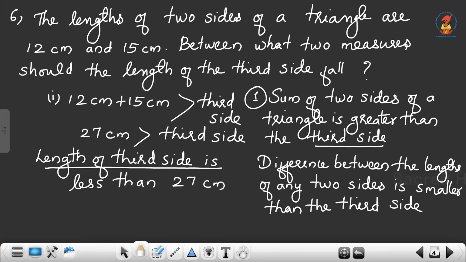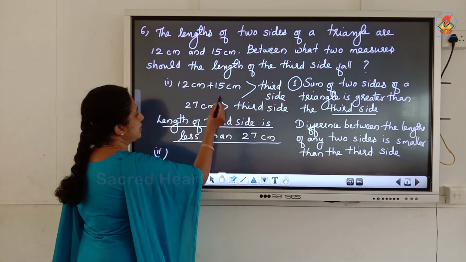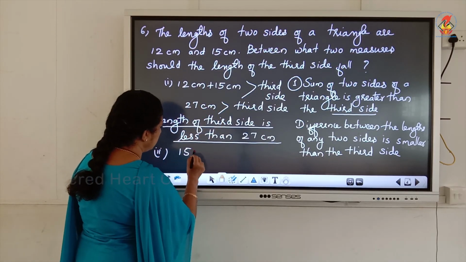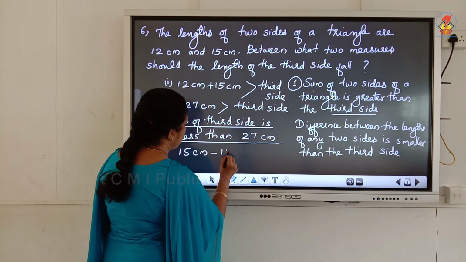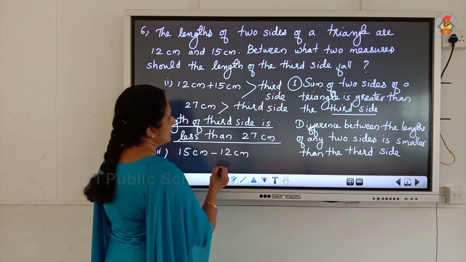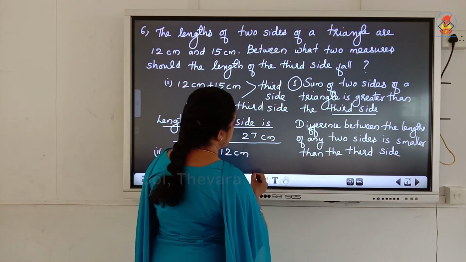Length of the third side is less than 27 cm. Now the second one: the difference between any two sides is smaller than the third side. So we can find out 15 cm minus 12 cm is smaller than the third side.